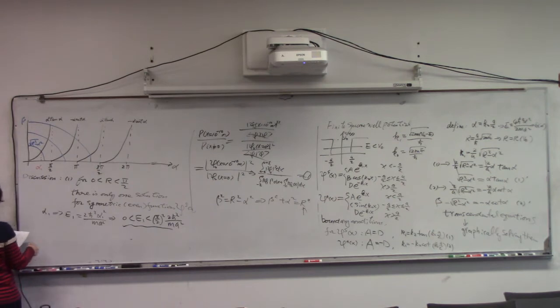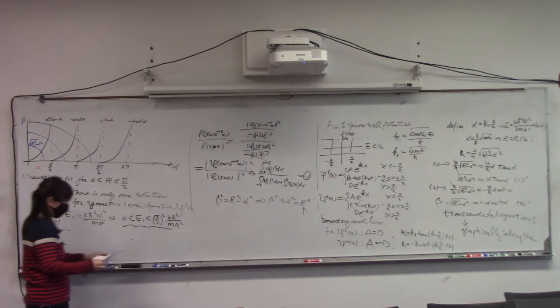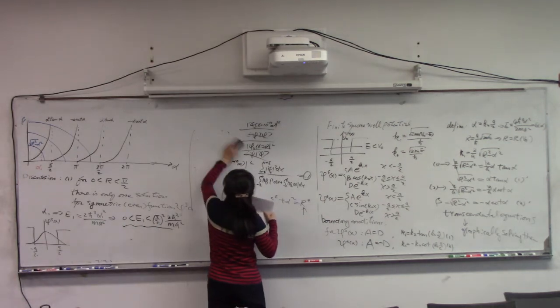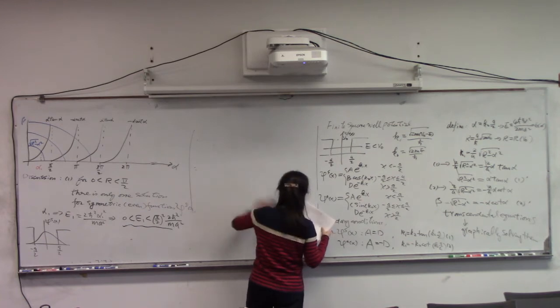And the function you can also see it is symmetric, like the sine x, not something like this. It's symmetric, right? So that is the discussion for the small finite potential well.